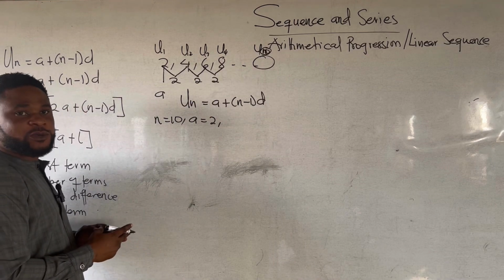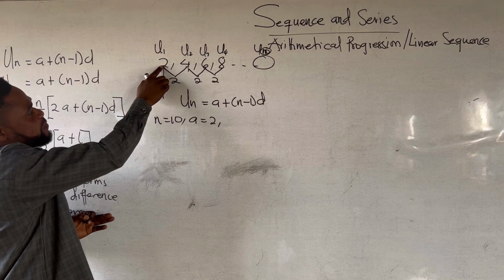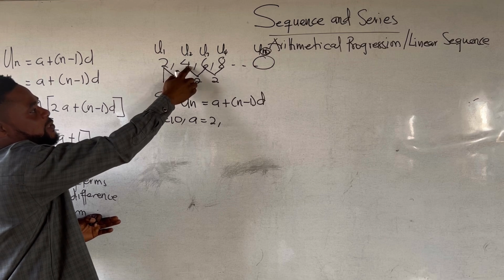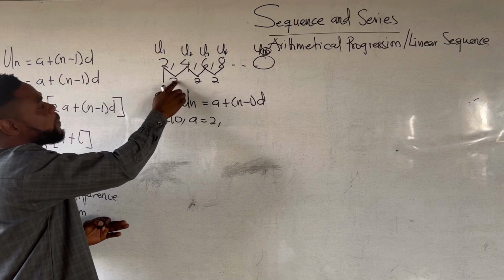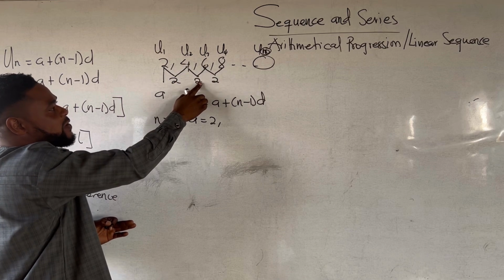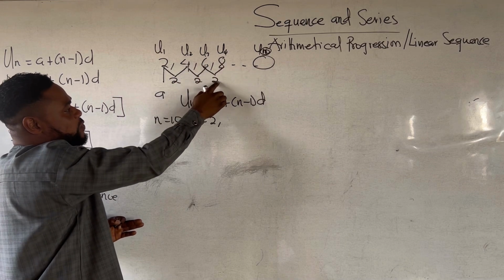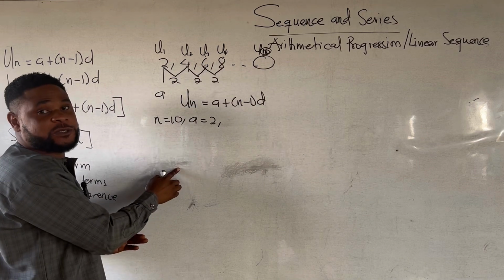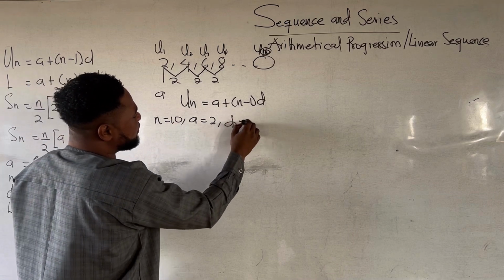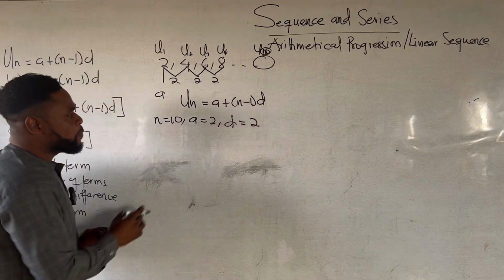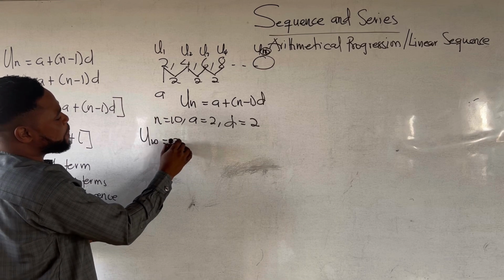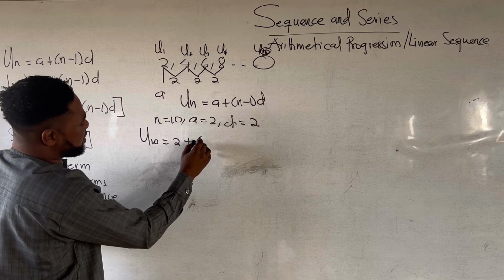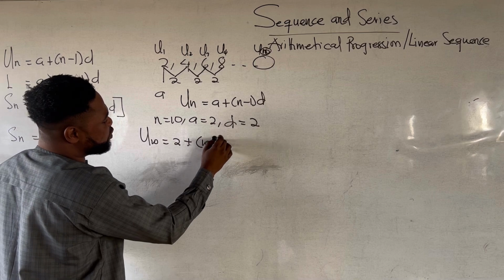And we could see that the difference between these numbers will be 2. How do we get the 2? We subtract the preceding term from the succeeding term. So 2 from 4 will give us 2, 4 from 6 will give us 2, 6 from 8 will give us 2, and so forth. So our common difference here is 2. We fix these numbers into the formula, and we'll see what our 10th term will be.